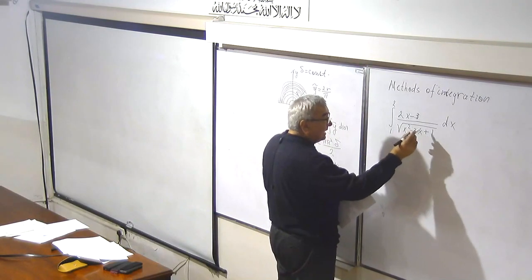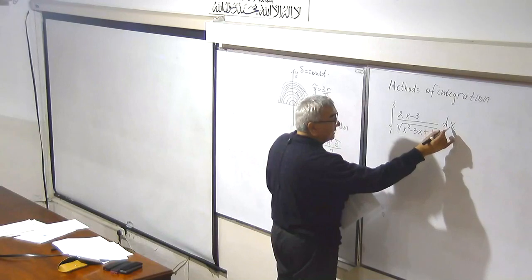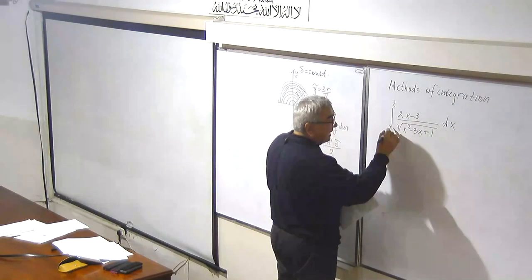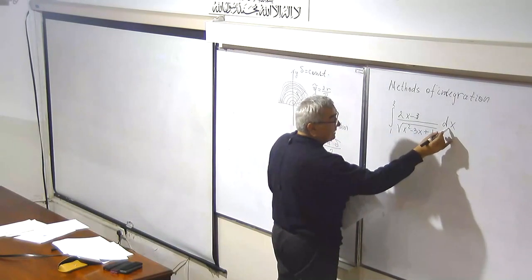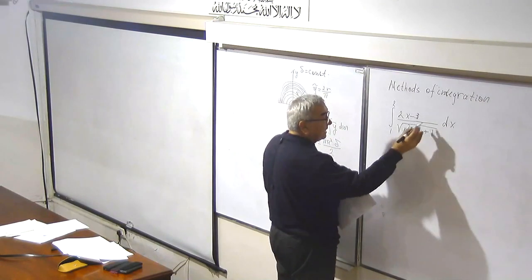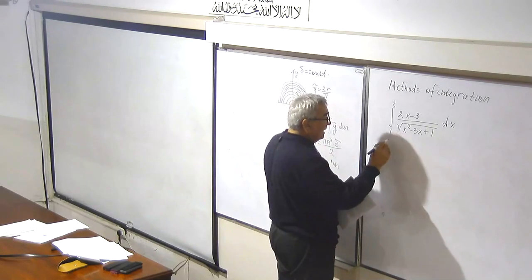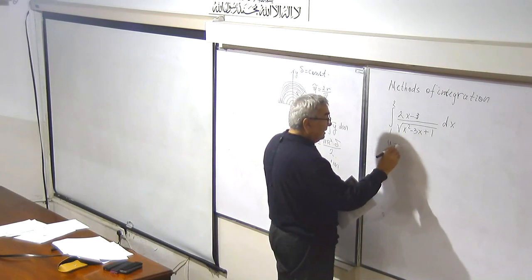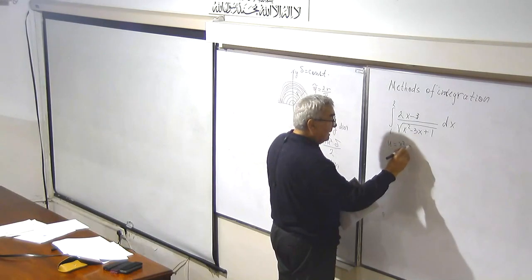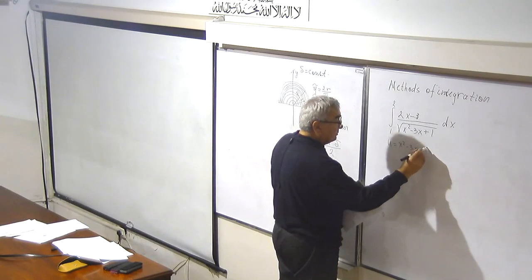The variable for integration, the independent variable, is x. Instead of integration over x, I will take another variable. I will take u equal to x squared minus 3x plus 1.